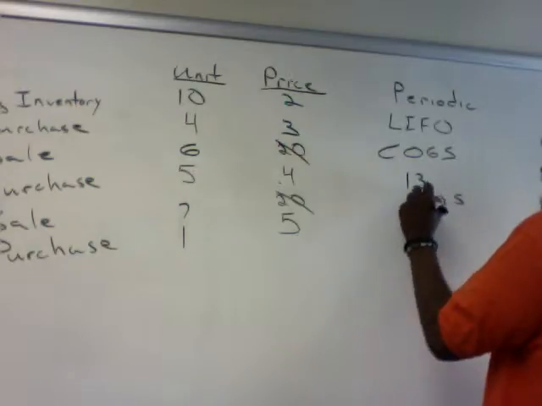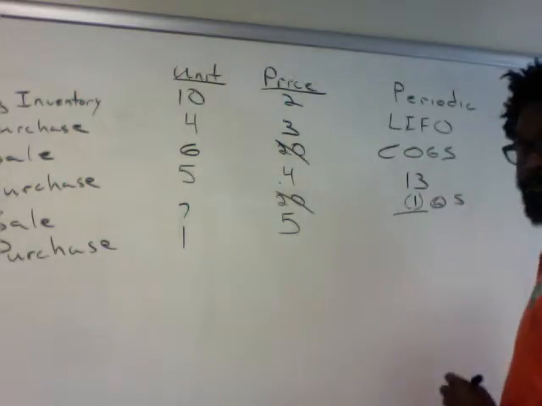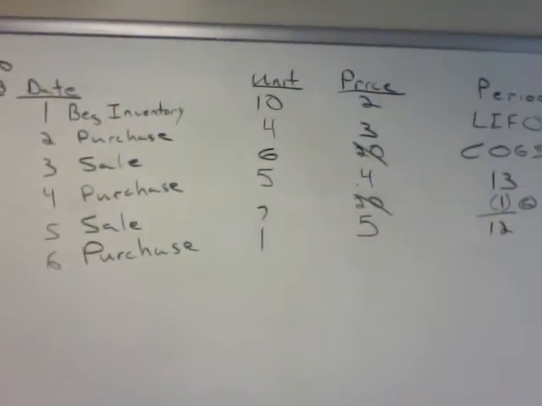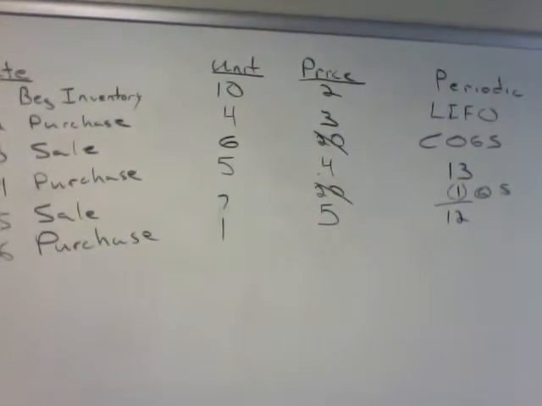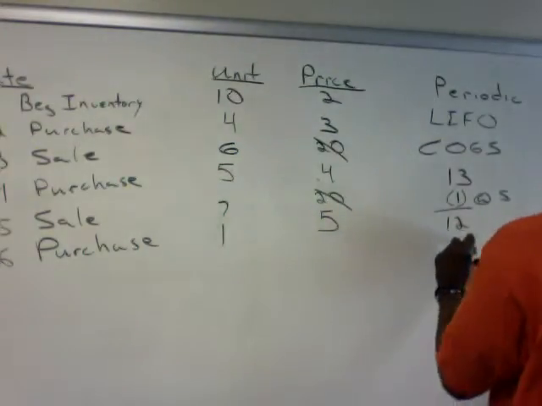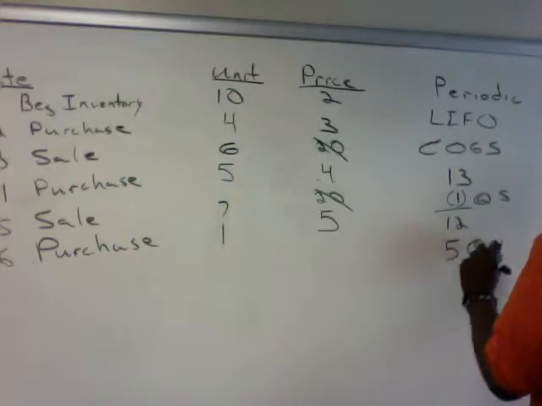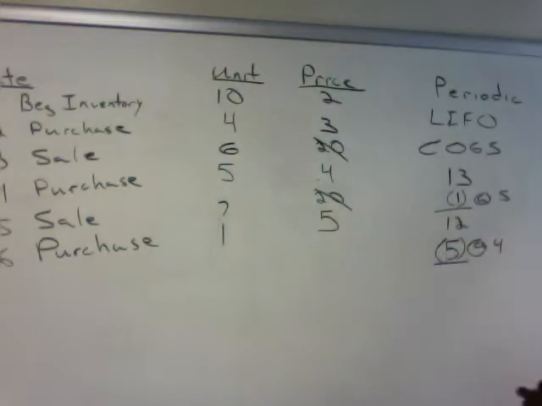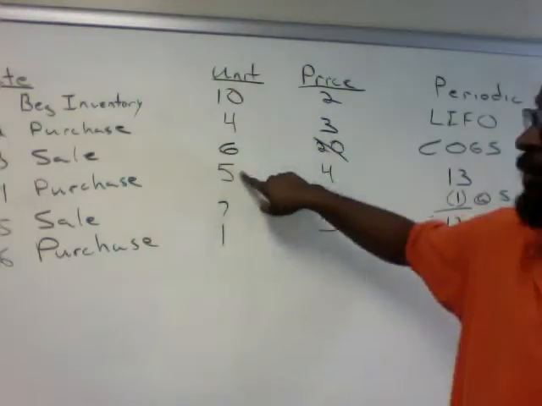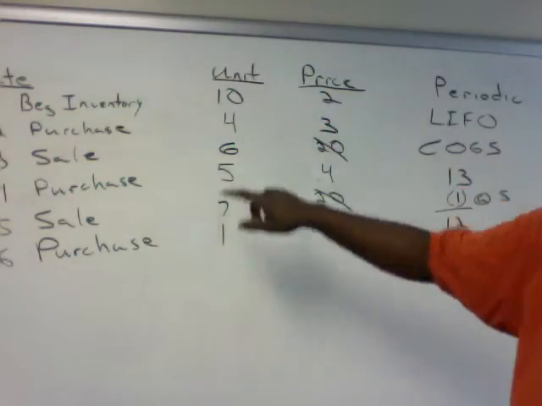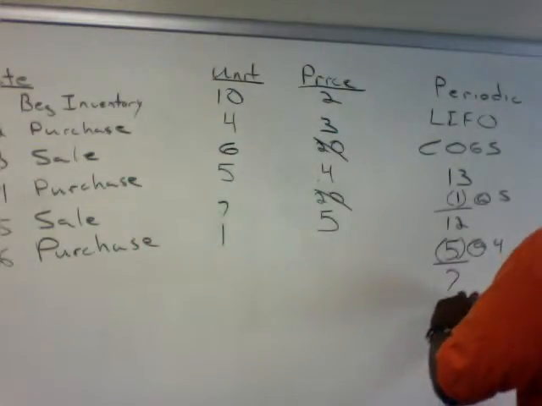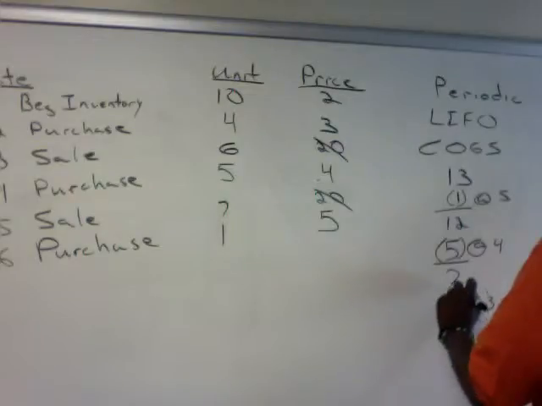At 1 unit at 5. We are now looking for 12 units that we sold. And so we're going to attack the next purchase because it's LIFO, the next last thing, which was 5 units at 4. And that's going to leave us with 7 units left to look for, and we are on the 4th. Now we move up to the purchase, the very first purchase on the 2nd. There are 4 total, so we sold all of those guys.